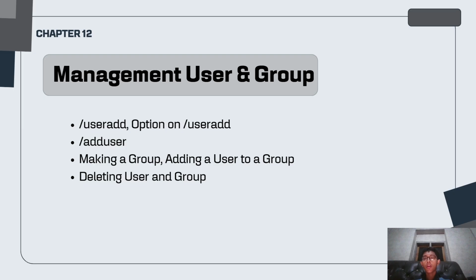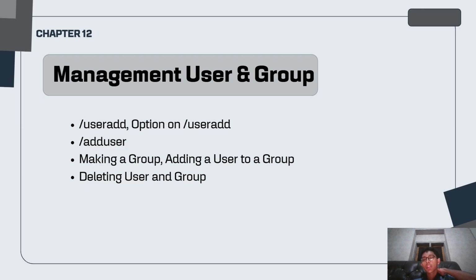For useradd only, it will create the user without making the home directory, and the shell will be /bin/sh. But if you use -m and also -s, you can add the home directory and set the shell of the user to /bin/bash.